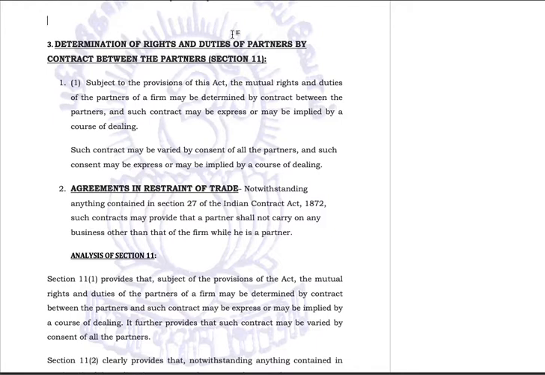So ultimately, the special rights, duties and privileges partners enjoy towards the firm and towards each other, you can determine through a contract in a partnership deed. Section 11 talks about that.